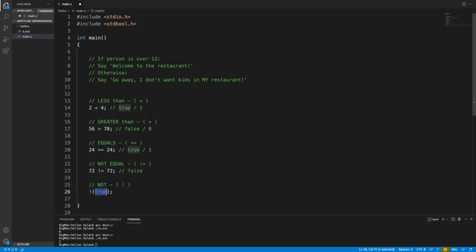So, for example, we can use this operator with other operators, for example, the less than. So, is 2 smaller than 4? Yes, it is. So that is true. 2 is smaller than 4 is true. But we've then got to reverse this because we've got this not operator.